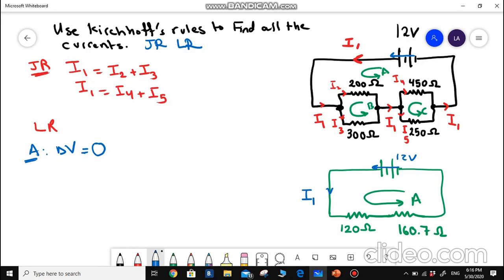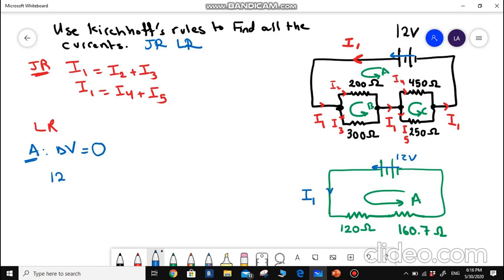So for the battery arrow, if I am with the loop, it will be positive voltage. If I am against, it is negative. As you can see here, I am with the loop, so 12. Now, for the current in the resistor, if I am with the loop, it will be negative. This means that there is voltage drop through this resistor, and the same goes here.